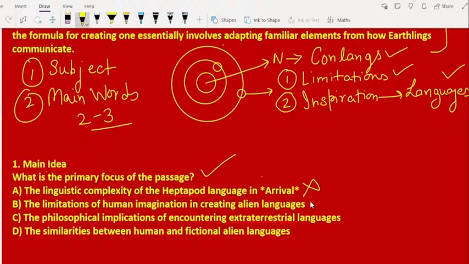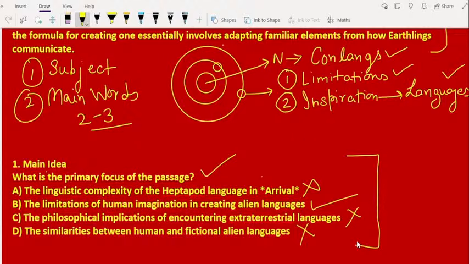Just see how close this answer is with your main idea. C: The philosophical implication of encountering extraterrestrial languages. No. D: The similarities between human and fictional alien languages. No. So just see how easy it becomes.